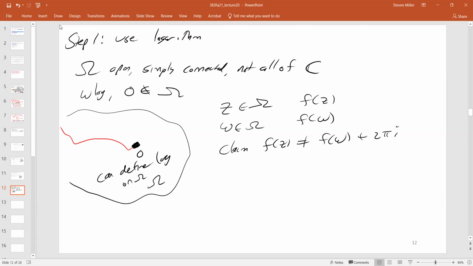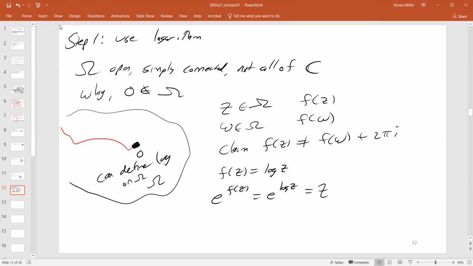And the reason for this is, let's say we have f of z is the log of z. e to the f of z is e to the log of z. And from our properties, what does that equal? It's going to just equal z.